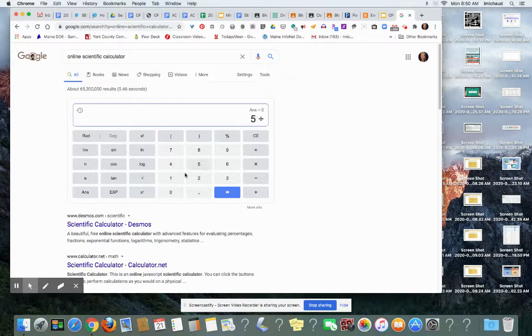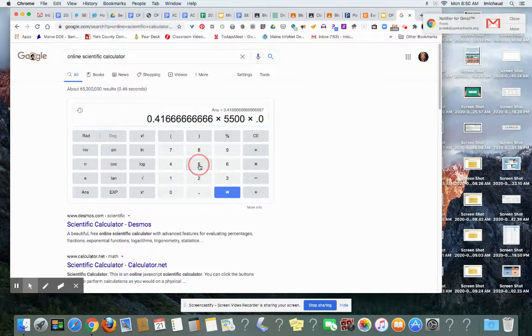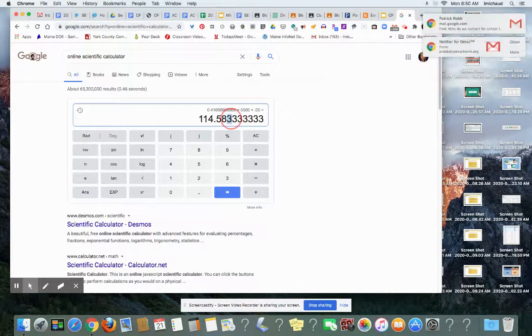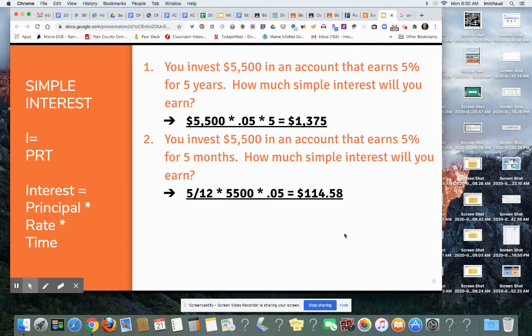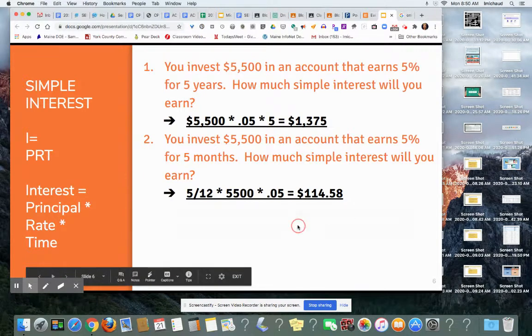So the answer is $114.58. Remember to round: if this third number is 5 or above, you're going to give this a shove. It's not, so it remains 58 cents. And so $114.58.